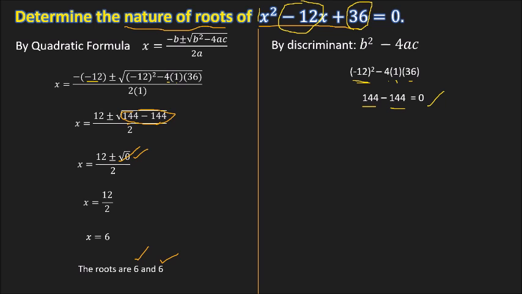So as you can see, our discriminant is 0. Based on the descriptions of b squared minus 4ac, when it is equal to 0, then the roots are real and equal. And obviously, 6 is equal to 6. They are equal.